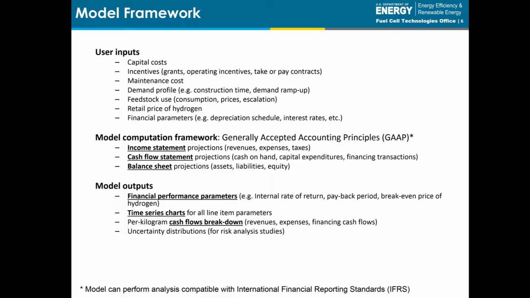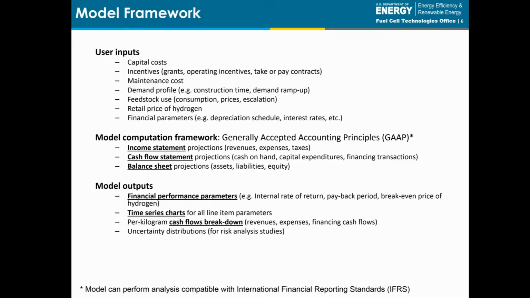What is the feedstock use? How much electricity do you use per kilogram dispensed? How much natural gas if you're a reformer station, or how much liquid delivery do you have per dispensed hydrogen? Very importantly, the retail price of hydrogen.